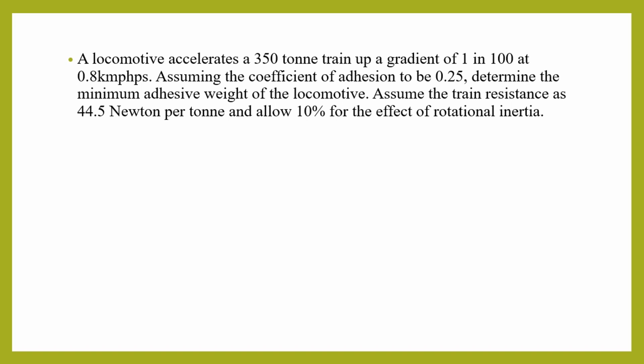So the given data we have is W equal to 350 tons. This is the weight of the locomotive plus the trailing load.